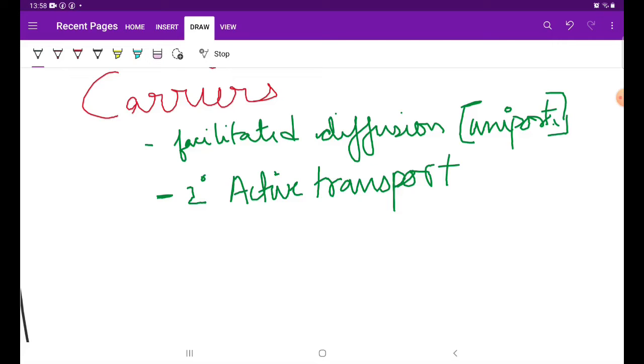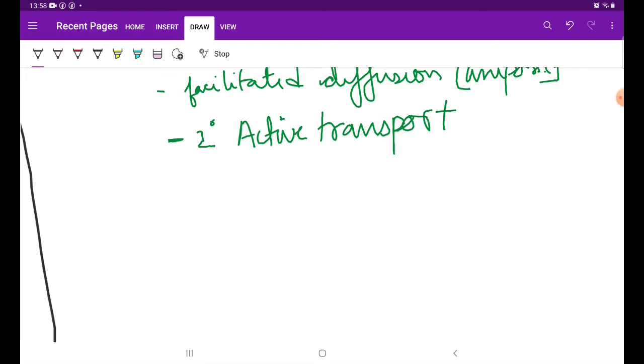The best example for this is the transport of glucose.